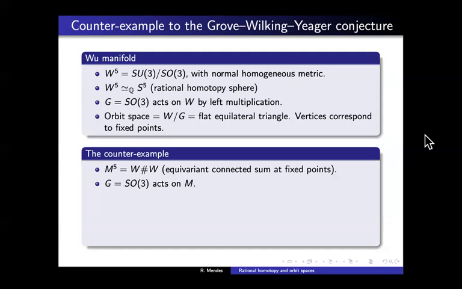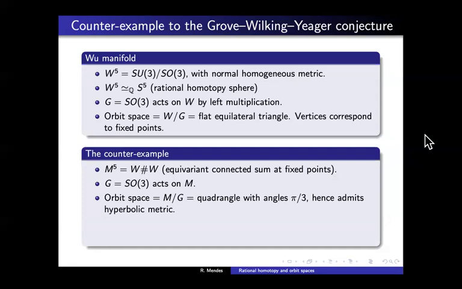And what's the quotient of this new action? It ends up being a quadrangle with angles pi over 3 at the 4 vertices. And in particular, it admits a hyperbolic metric.